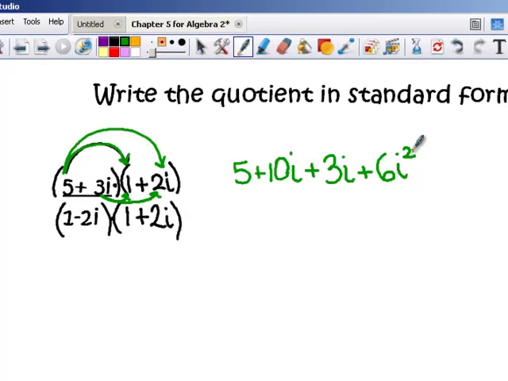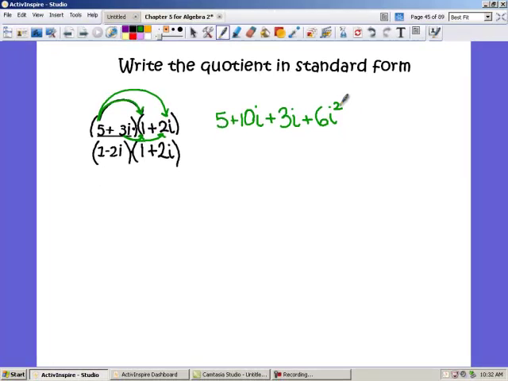Now, you can go ahead and simplify the top and then start on the bottom, or you can do the bottom now and then simplify in the end. It doesn't matter. Let's go ahead and just simplify the top while we're here doing it. Okay, so right now I have 5, and I don't have any other like terms to go with it. But I do notice I have 10i and 3i. So really I have 5 plus 13i. And I notice I have an i squared.